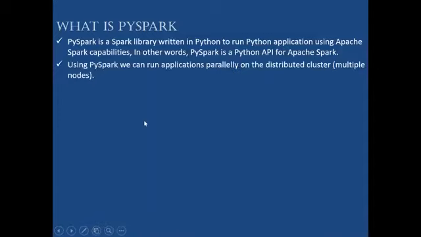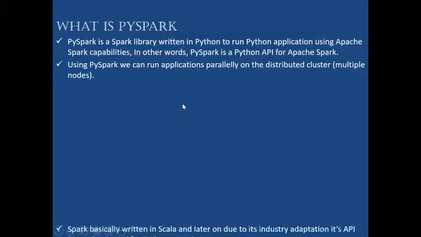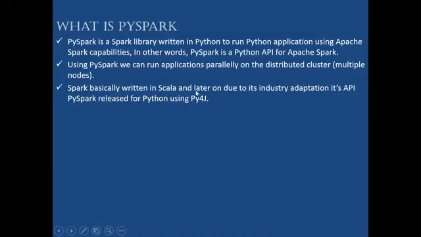Using PySpark, we can run applications in parallel on the distributed cluster. The reason is you have multiple worker nodes which process the data in parallel. Spark was basically written in Scala. Later, due to industry adoption and market demand, its API PySpark was released for Python using Py4j.